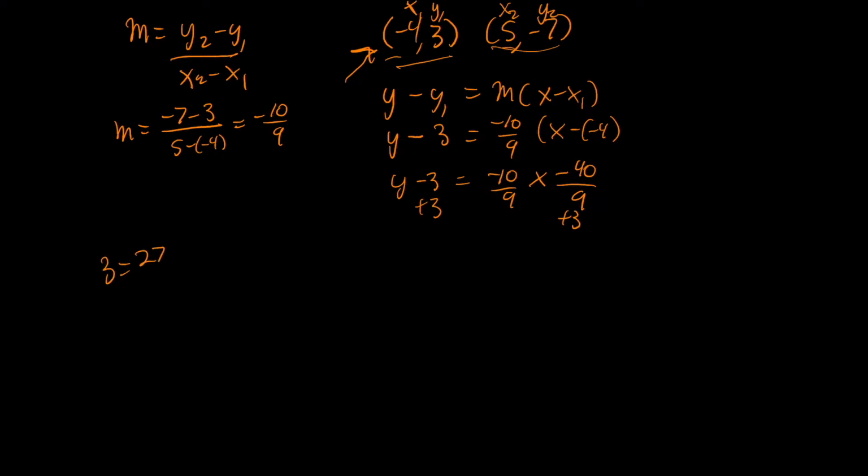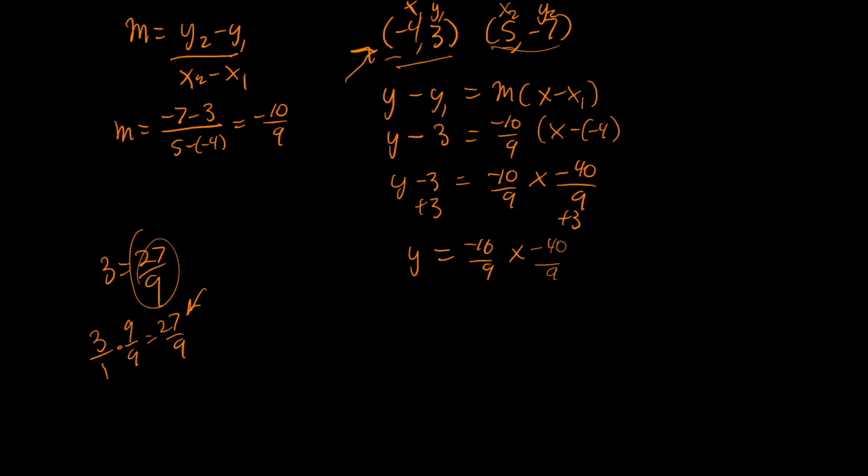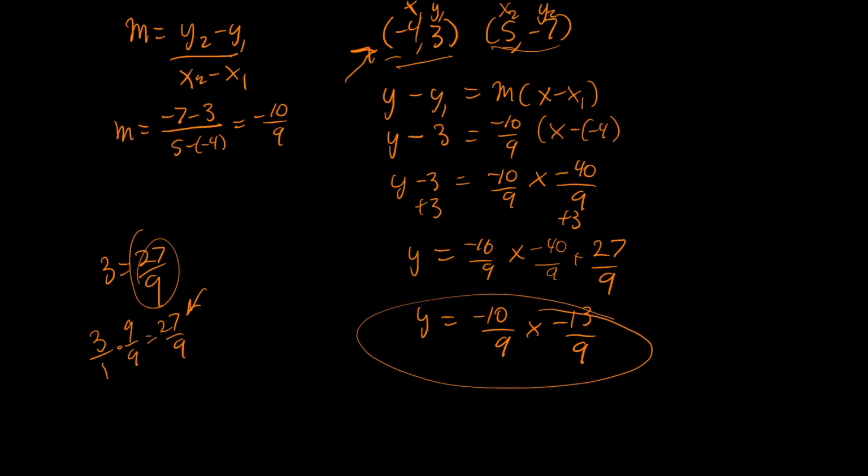Remember, 3 can be written as 27/9 if I wanted to find an equivalent fraction. That's where that came from. So I have y equals negative 10/9 x minus 40 over 9 plus 27/9. That's going to give me y equals negative 10/9 x minus 13/9. And there I have my slope-intercept form of an equation that goes through these 2 points.